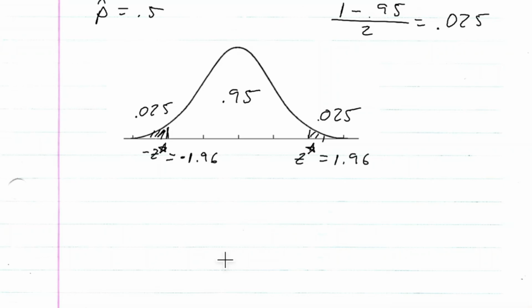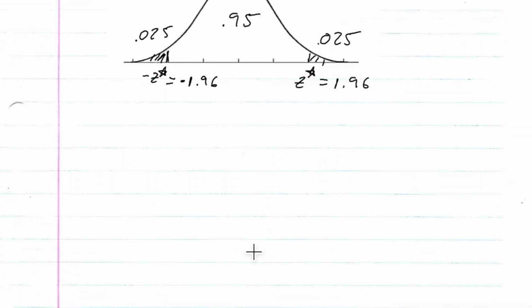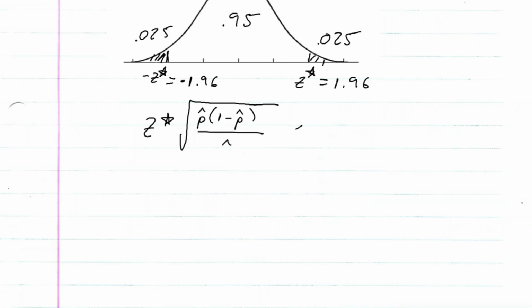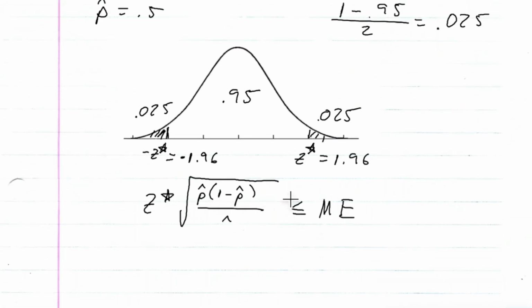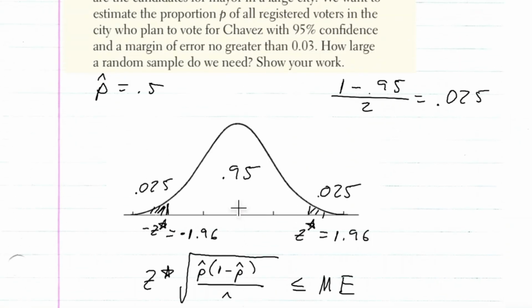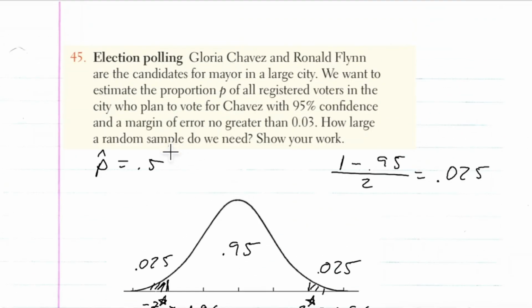So remember, our inequality is z star times the square root of p hat times 1 minus p hat all over n has to be less than or equal to the maximum margin of error. So here's our inequality, and we're looking for the number that would be needed in the sample space, right?